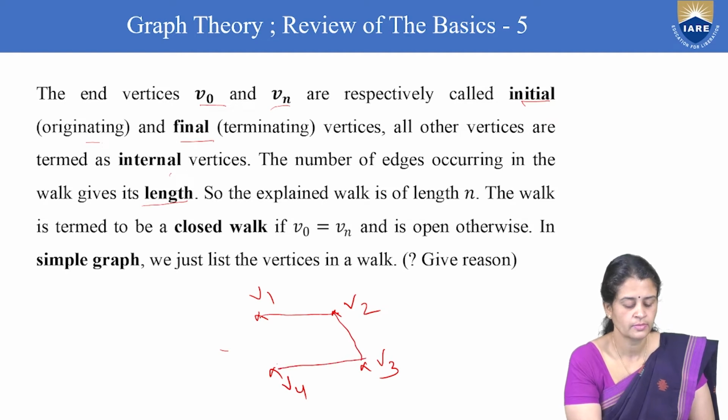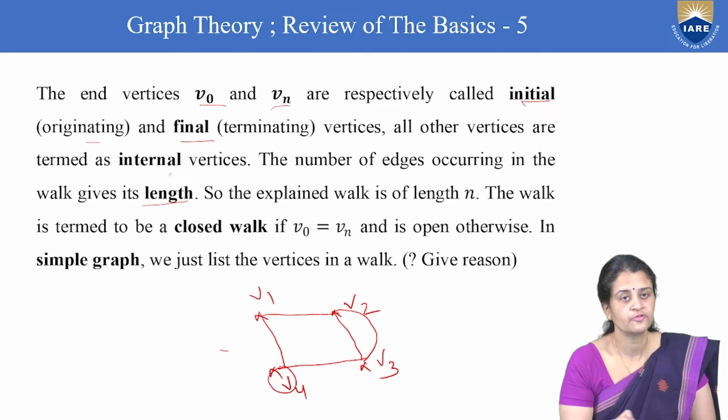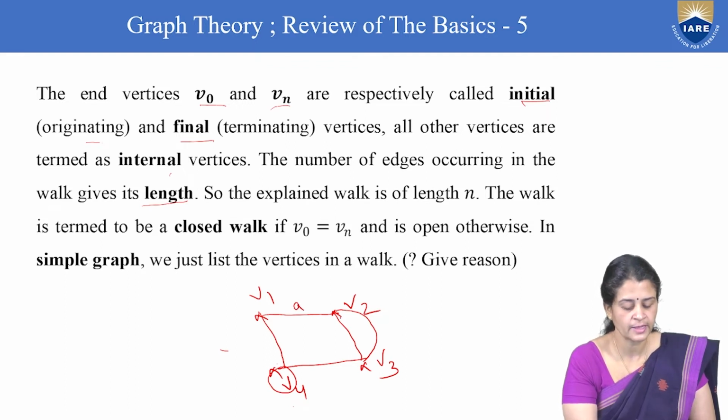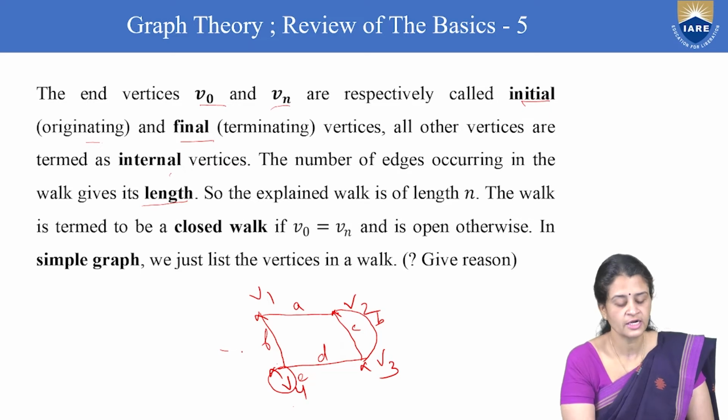This is a simple graph. This is a graph with multiple edges. And this is a graph with multiple edges and a loop. This is a pseudograph. So if we name the edges A, B, C, D, E and F, I can start a walk from V1 to V4 in different ways.